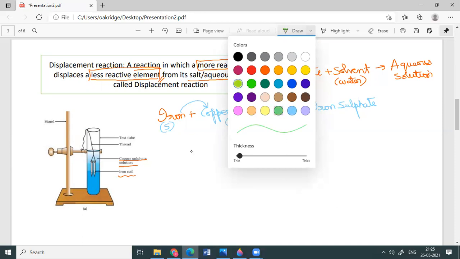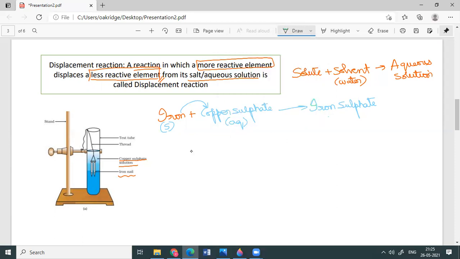So here I would like to write iron sulfate with pale green color only. Iron sulfate is formed along with the copper being displaced out. If you can see, a blue color solution is turning to pale green color.